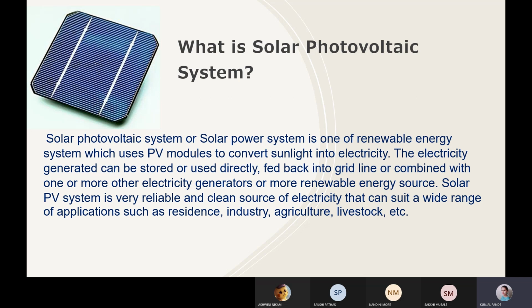The electricity generated can be stored or used directly, fed back into the grid line, or combined with one or more other electricity generators or renewable energy sources. Solar PV system is a very reliable and clean source of electricity that can suit a wide range of applications such as residence, industry, agriculture, livestock, etc.